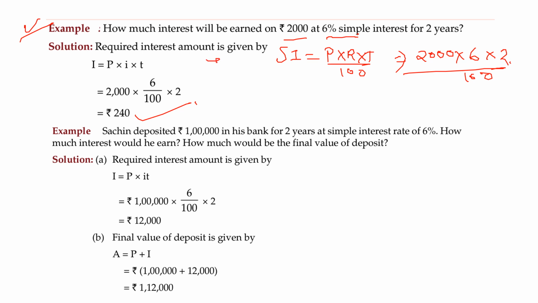This is interest. Now second example, Sachin deposits 1 lakh in his bank for 2 years at a simple interest rate of 6%. How much interest would he earn? How much would be the final value of deposit? So in first part, simply we have to put values.